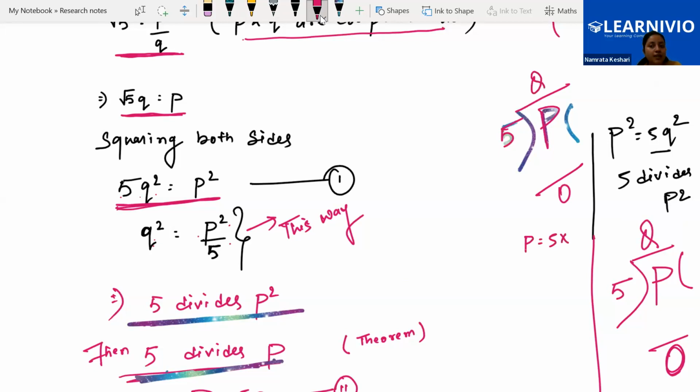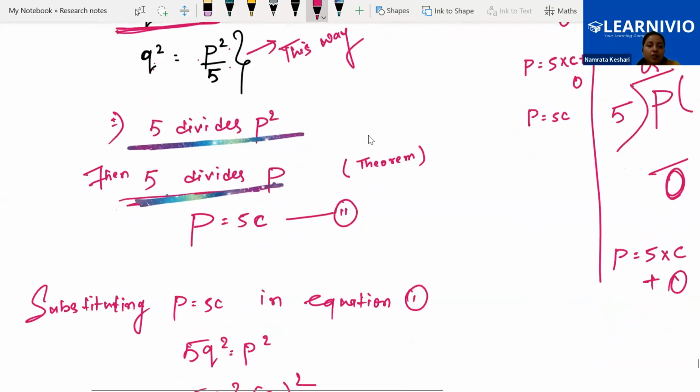We don't know the quotient, we can take it as Q, or C, we can take it as anything. We are taking it as C. Plus remainder is 0. So from here we get P is equals to 5C. That only we have written here: 5 divides P means P is equals to 5C. From where? From the rule: dividend is equals to divisor into quotient plus remainder, which is 0.